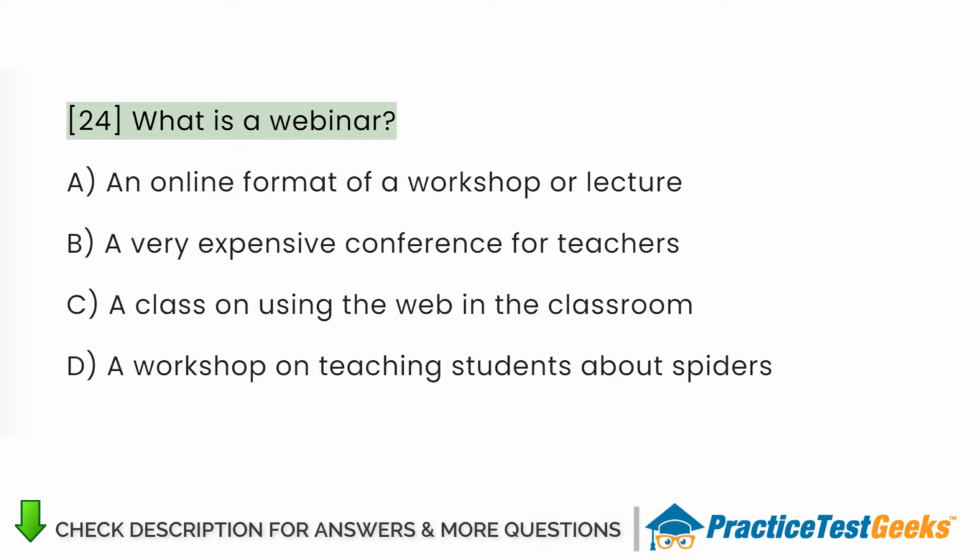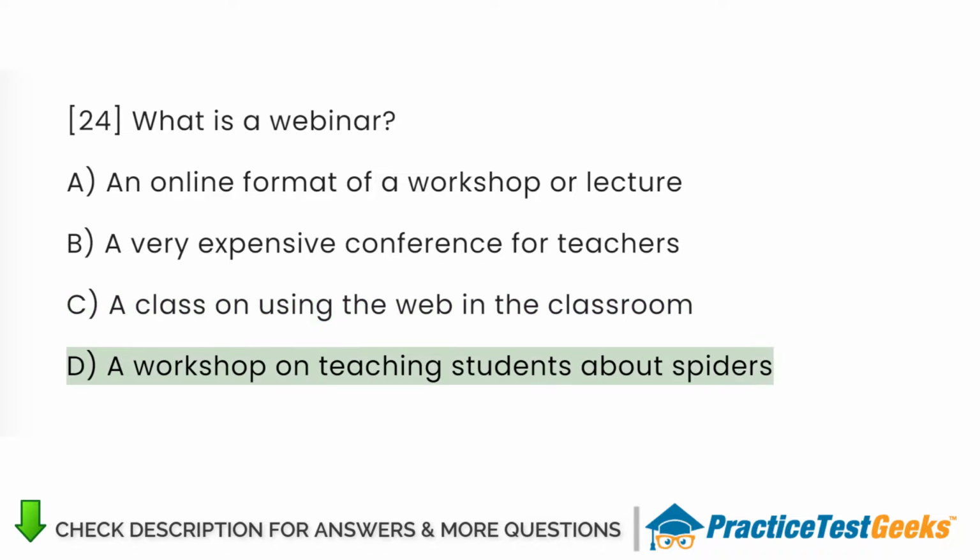What is a webinar? A. An online format of a workshop or lecture. B. A very expensive conference for teachers. C. A class on using the web in the classroom. D. A workshop on teaching students about spiders.